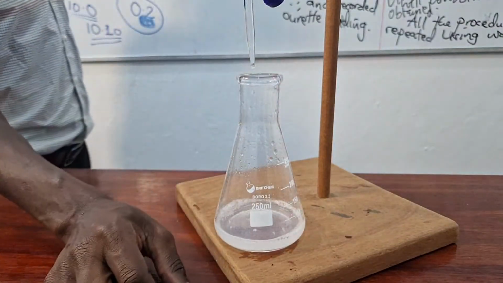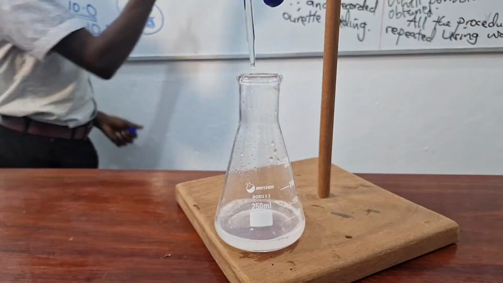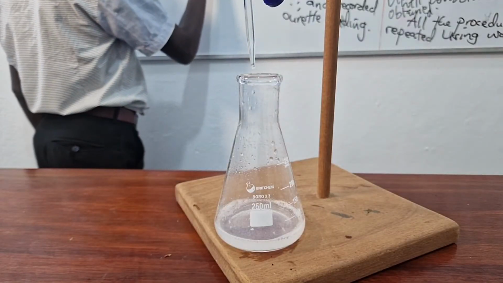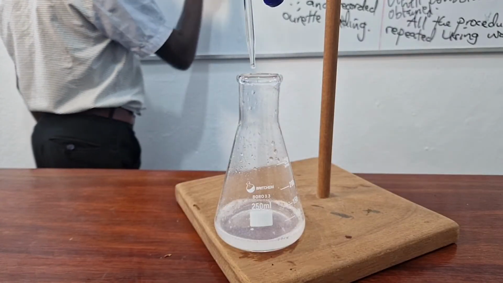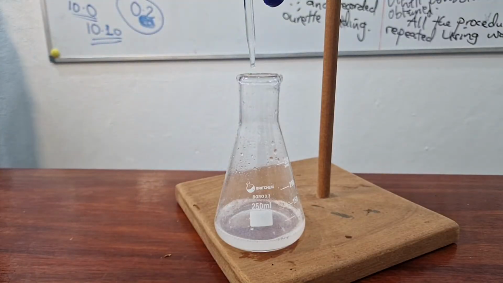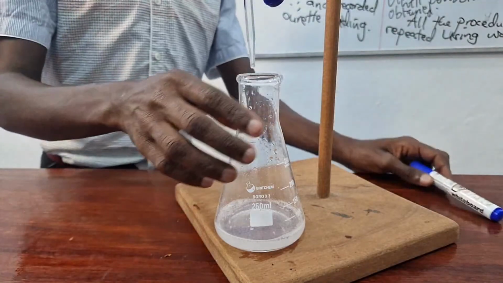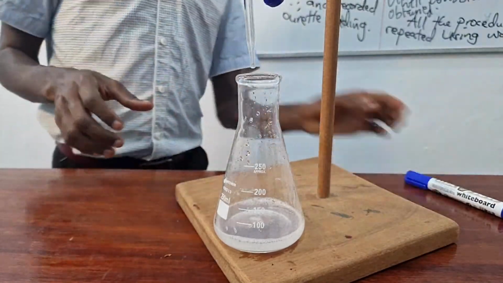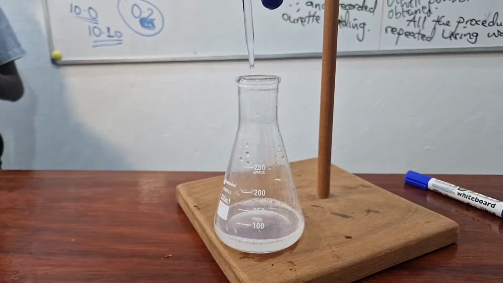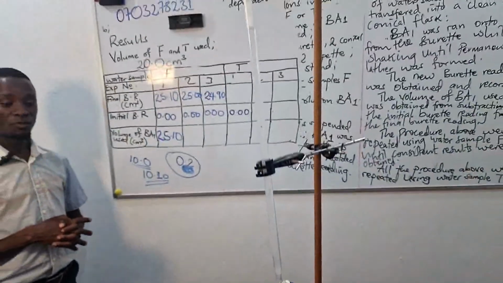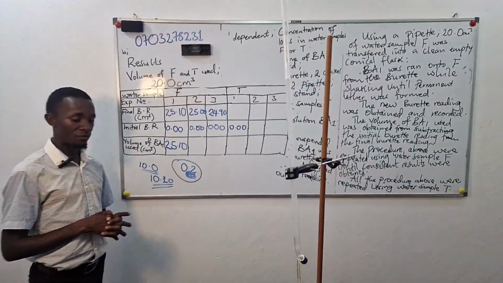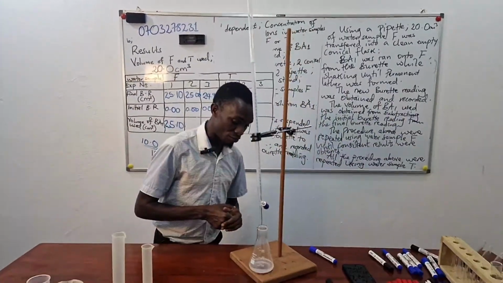Lather that does not disappear. We are on T. Our initial value, we started with 0.00. That was our initial burette reading. If we can confirm that the lather is permanent, we can go with that as our final burette reading. If not yet, we can still add, members.